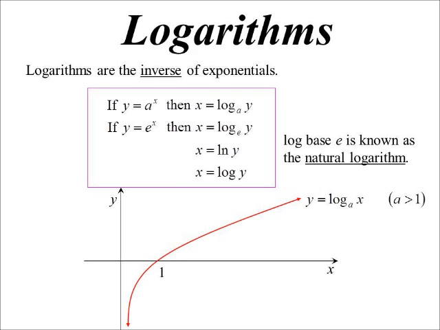Doesn't matter what the base is. If a was in between 0 and 1, then it would be the blue curve here, so the upside down of that one. So if it was base a half or base a third and so on. And you don't have negative bases, same as when we're dealing with indices. We don't have negative bases when we're drawing the graph because, well, you can't get a nice continuous graph with negative numbers.